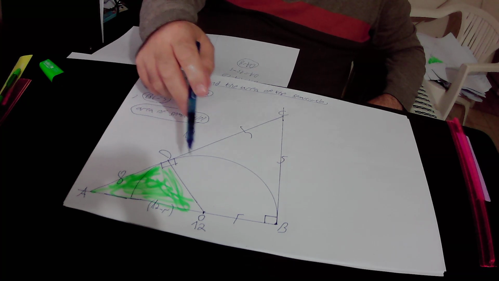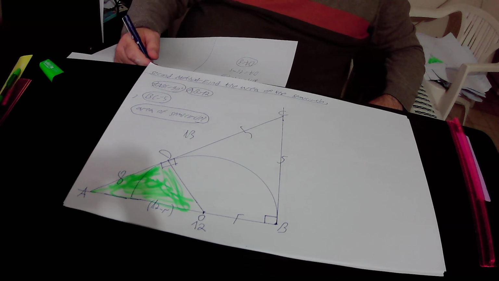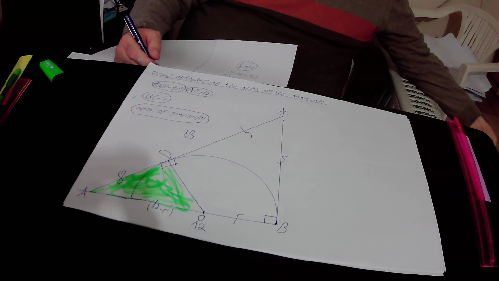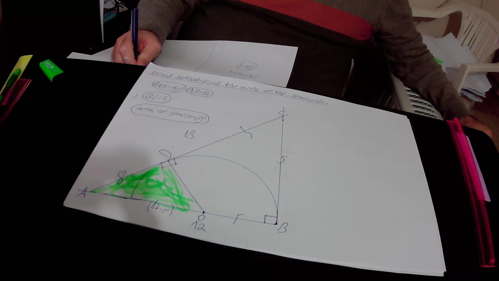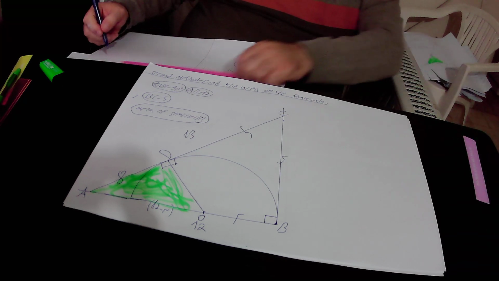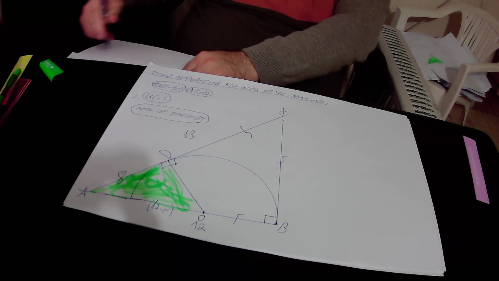So the hypotenuse is OA, so the square of the hypotenuse is OA square. And it equals the sum of the squares of the perpendiculars.